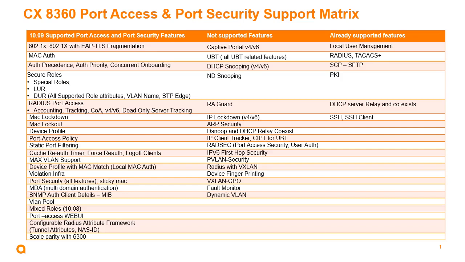If you go back to the special roles, all types of special roles, critical role, pre-auth role, and many other special roles are getting enabled on 8360. Apart from that, LUR and DUR become a very important factor when you are doing port access security, and those are all getting enabled. Next is RADIUS, which is very important as the switch is going to work as an authenticator.